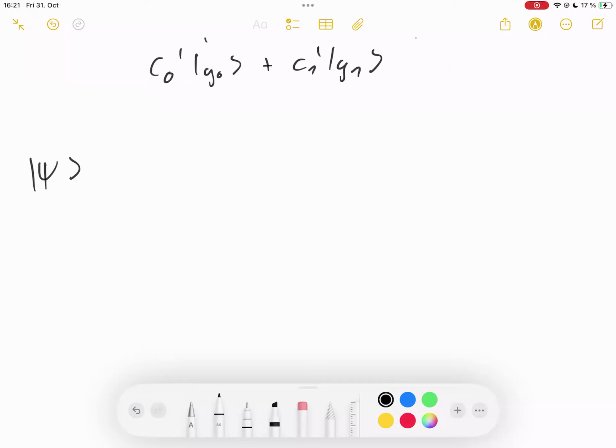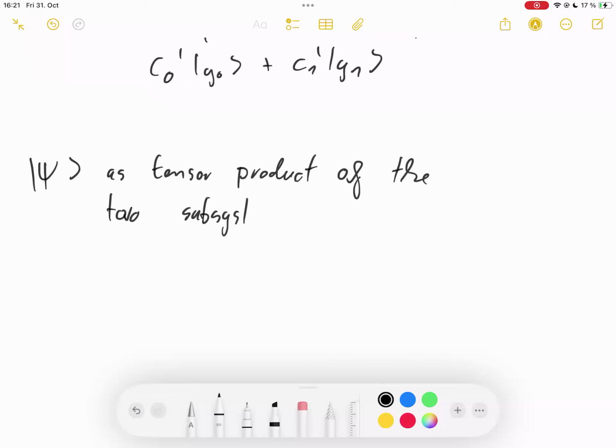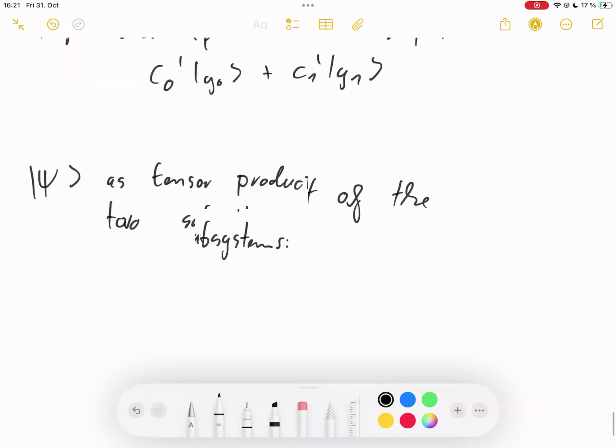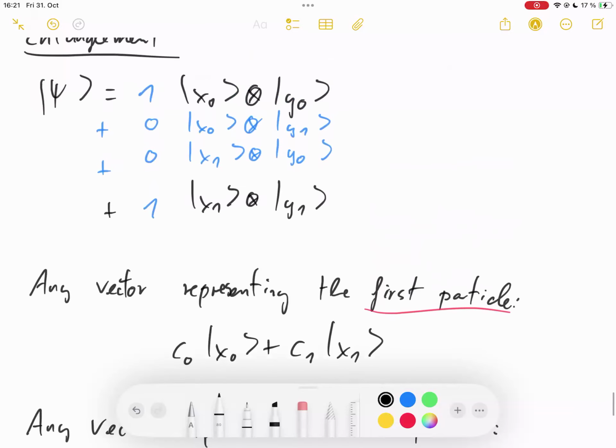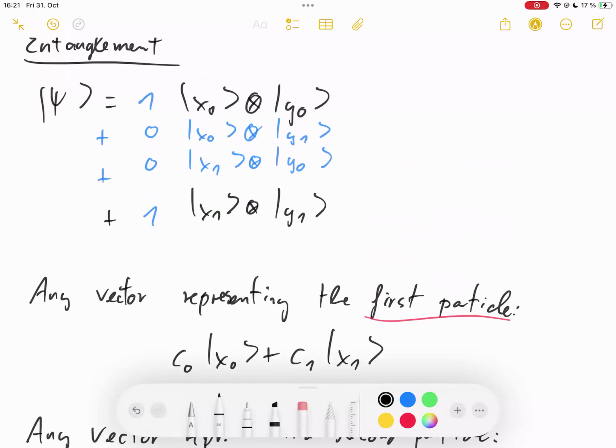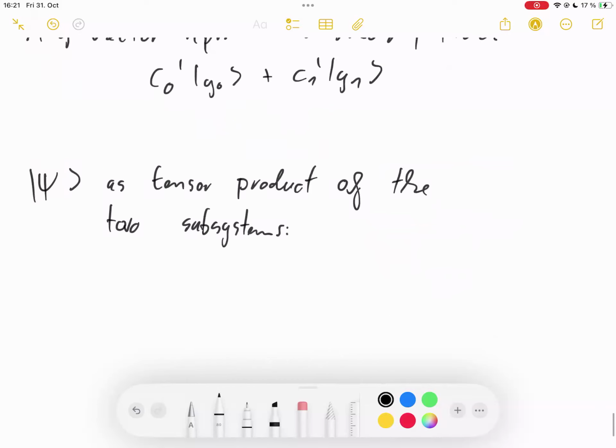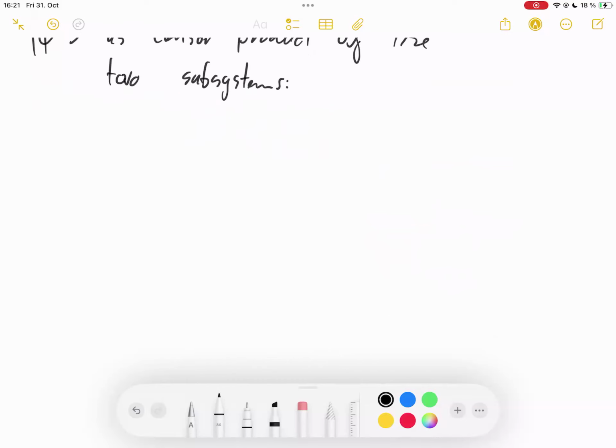So psi ket as tensor product of the two subsystems. All I had written here we will now write out in a bit more detail, and then we will have a system of equations that we try to solve.